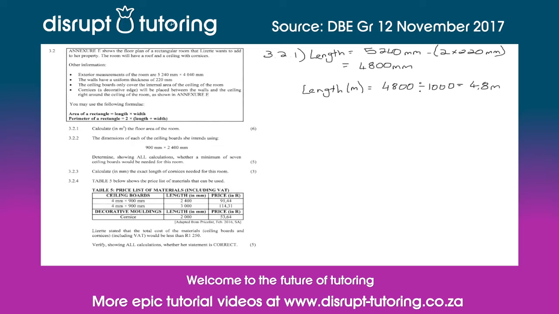Now we need to do our width. Width will equal the same process. So it's again 4,040 millimeters minus 2 times 220 millimeters, and this equals, in your calculators, 3,600 millimeters.